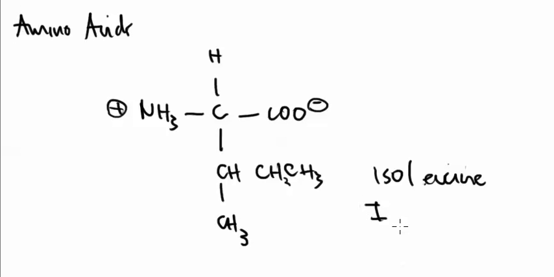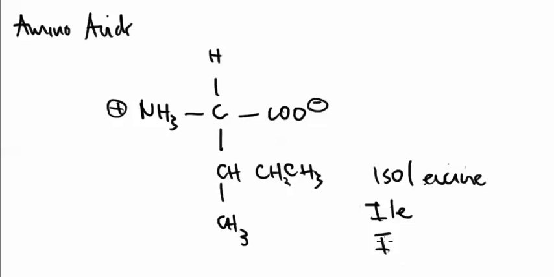But it's not ISO. That would make it too easy. They put the I there for iso, and then they put the LE there for the leucine. So ILE is the 3-letter abbreviation for isoleucine, and the 1-letter abbreviation for it is an I. So there you go. Simple as that.